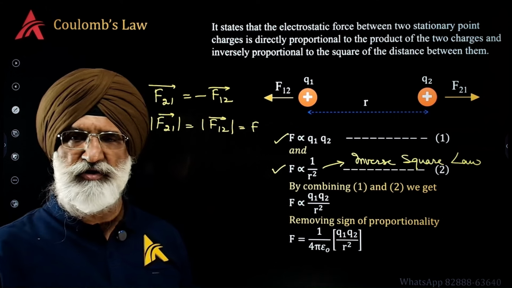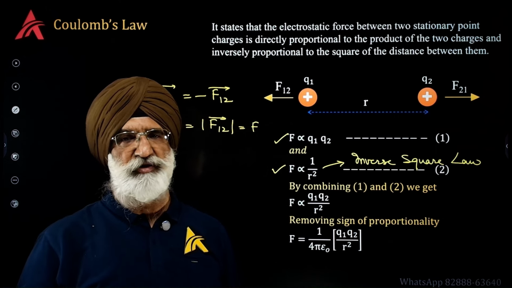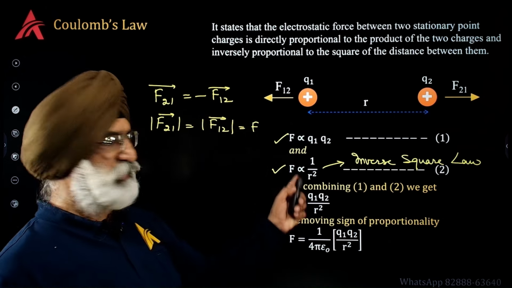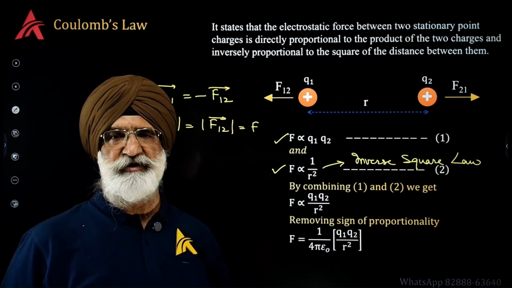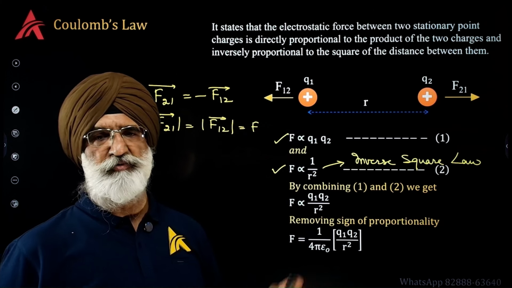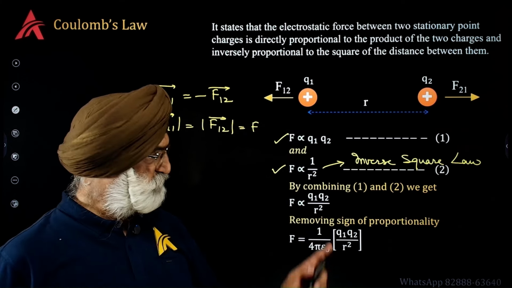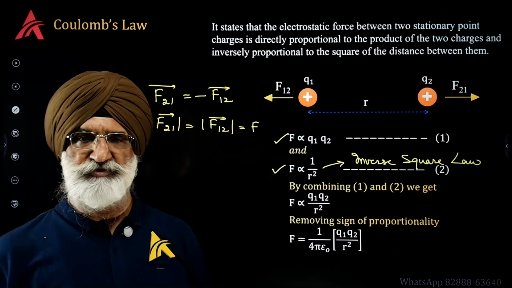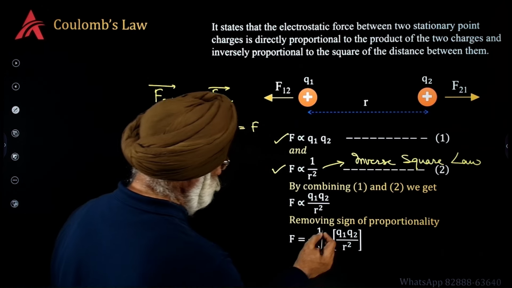That means Coulomb's law is obeying the inverse square law. If you combine these two expressions, we get F directly proportional to Q1 into Q2 upon r square. And when we remove the sign of proportionality, we keep a constant term.